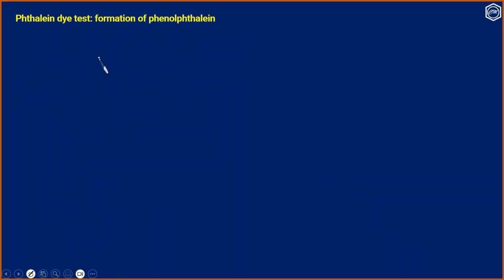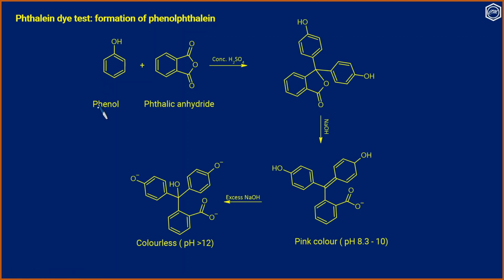The chemical reactions that take place in the phthalein dye test are as follows. This is phenol and this is phthalic anhydride. When we heat it with the concentrated sulfuric acid, this is formed. And with the sodium hydroxide, the ring breaks and a quinonoid structure is formed.